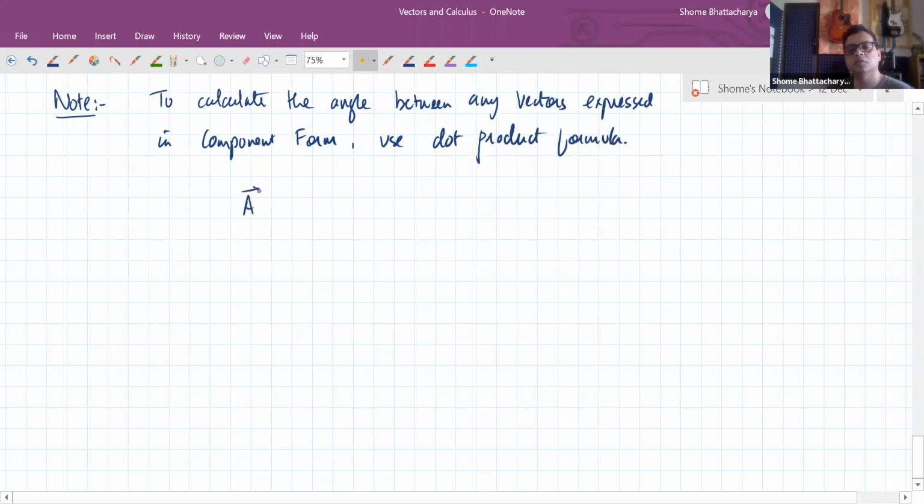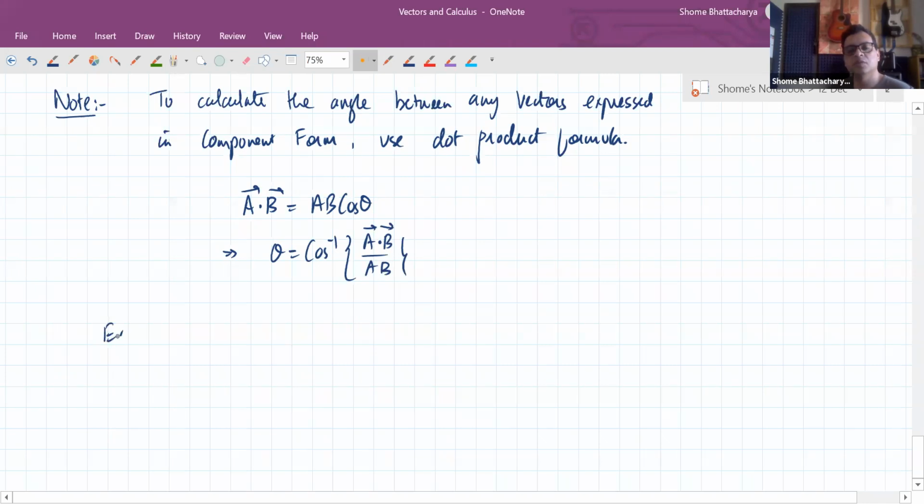If A dot B is defined as AB cos theta, then theta becomes the cosine inverse of A dot B divided by AB.